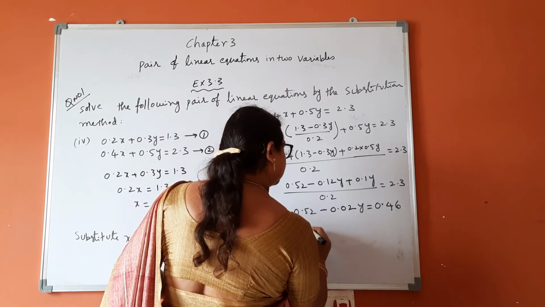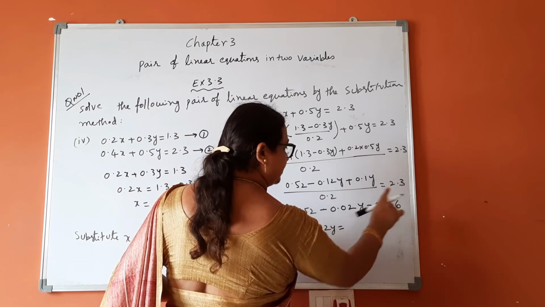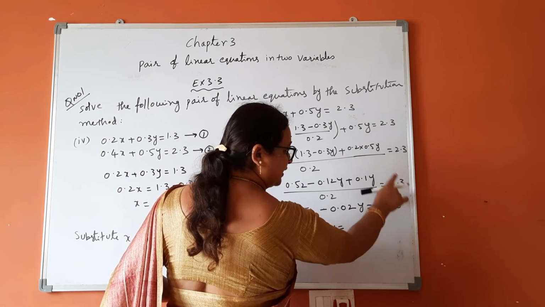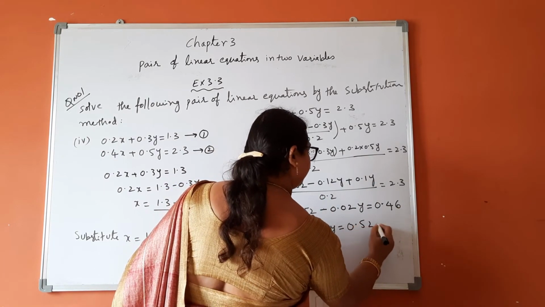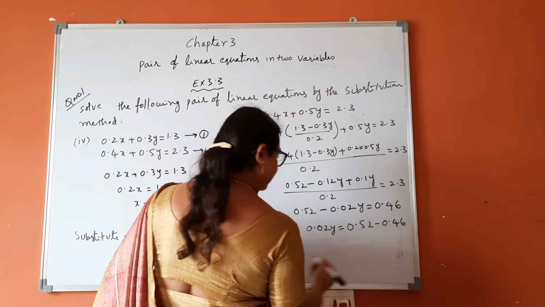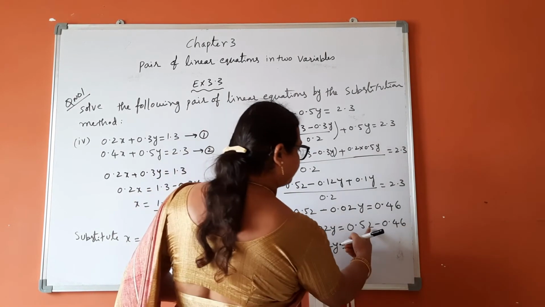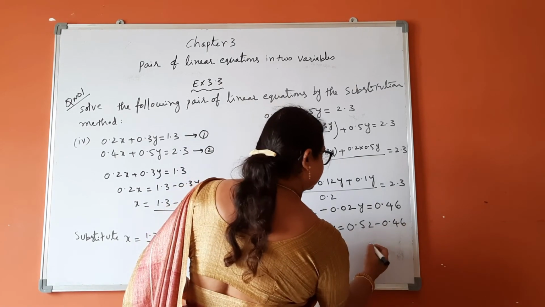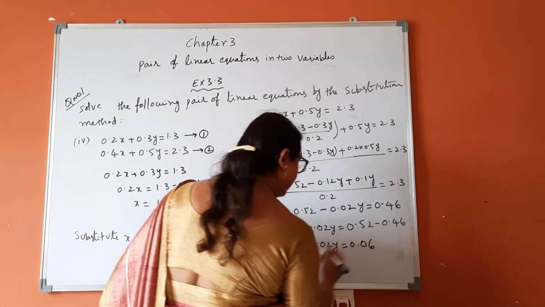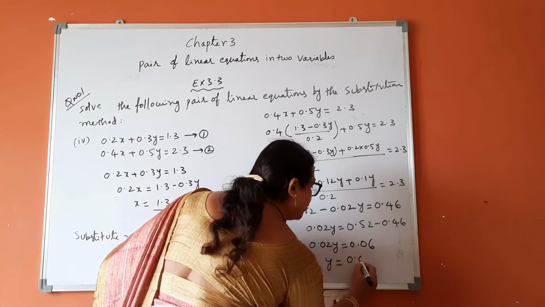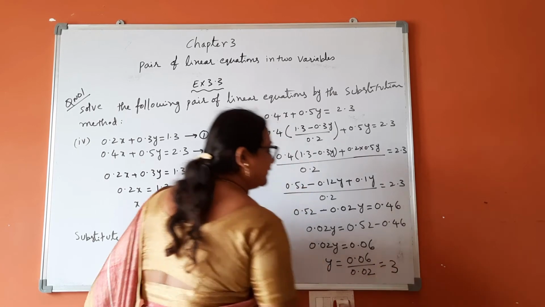So 0.52 minus 0.02y is equal to 0.46. If you transpose y from LHS to RHS and bring that 0.46 from RHS to LHS, 0.52 minus 0.46: 12 minus 6 is 6, 4 minus 4 is 0, so 0.06. So y is equal to 0.06 by 0.02, which is nothing but 3.